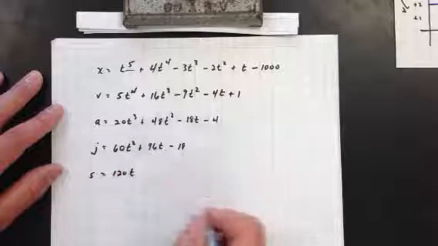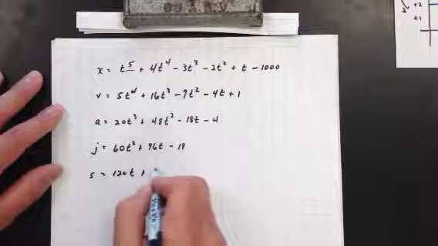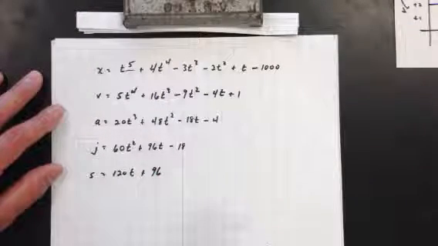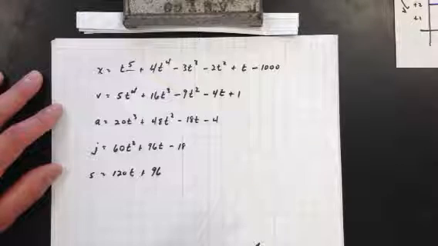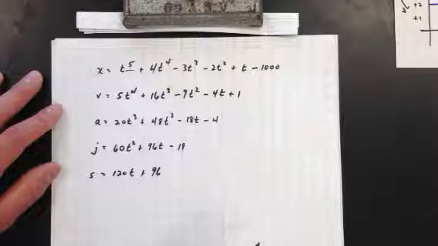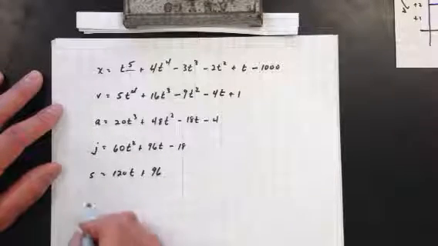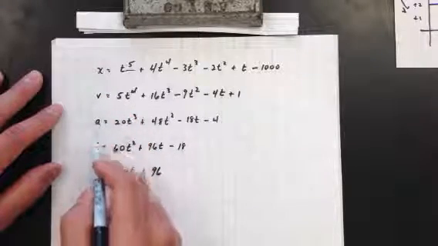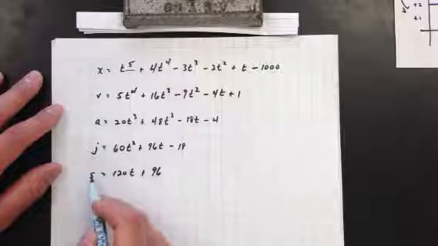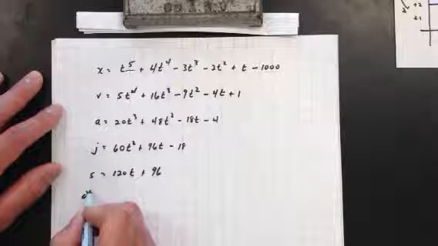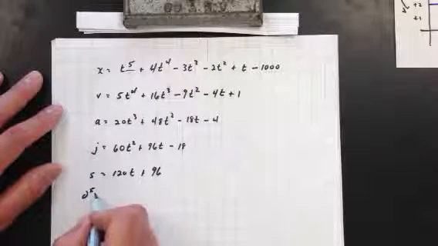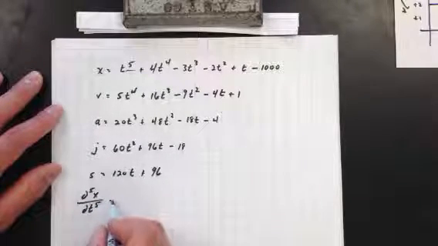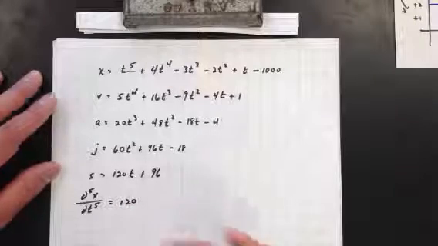T to the 2 minus 1 is 1. Plus 1 times 96 is 96. Plus 0. So jerk, snap, whatever you want to call it. We can do 1, 2, 3, 4, the d5x/dt to the 5th is going to be 120.